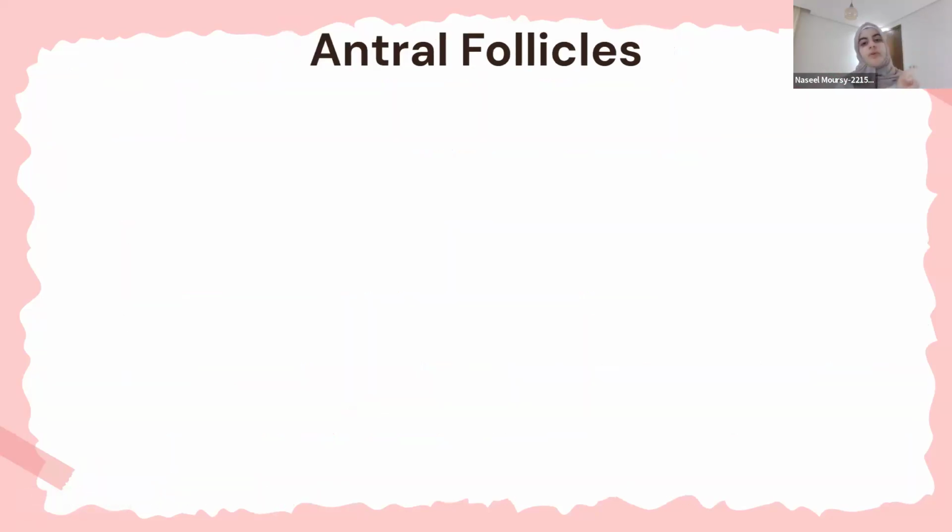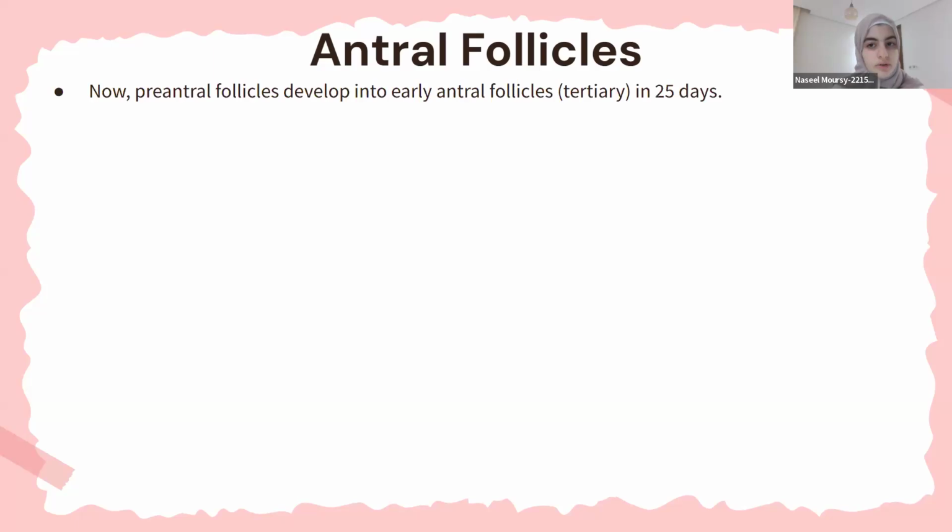Okay, so let's talk about the antral follicles now. That's tertiary. We started with preantral, and then these develop into early antral follicles, so early tertiary follicles, in 25 days. So we started with 3 months from primordial to preantral, and then you have another 25 days to go from preantral to early antral.